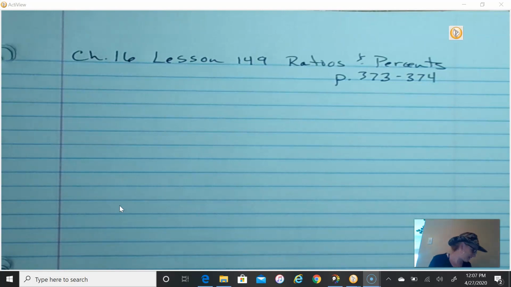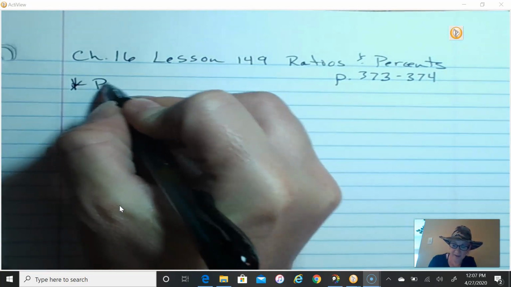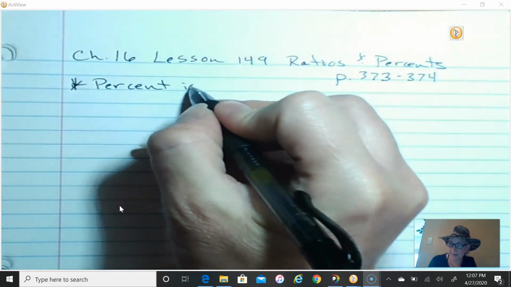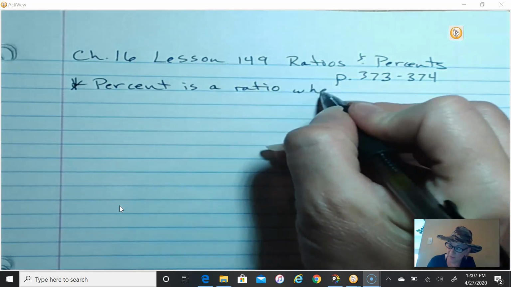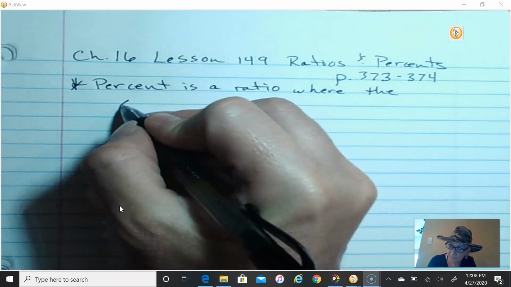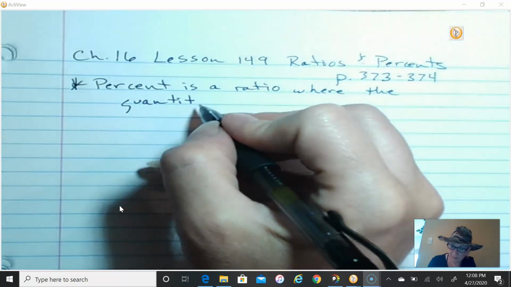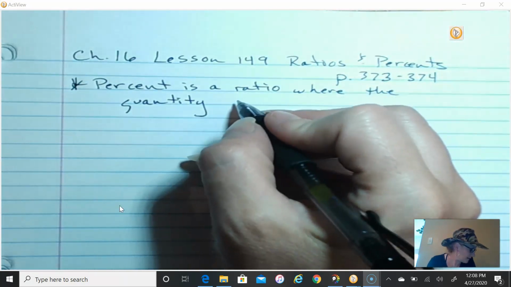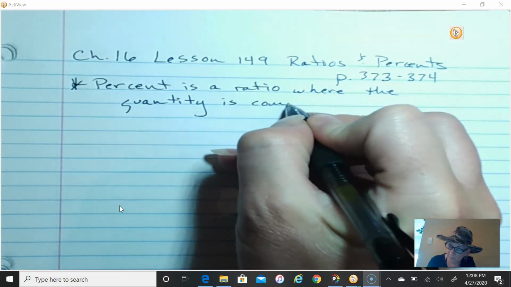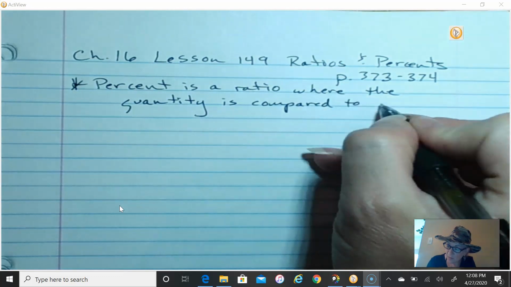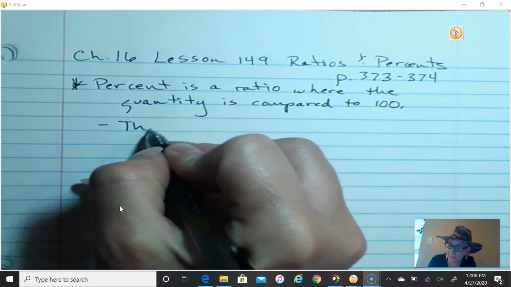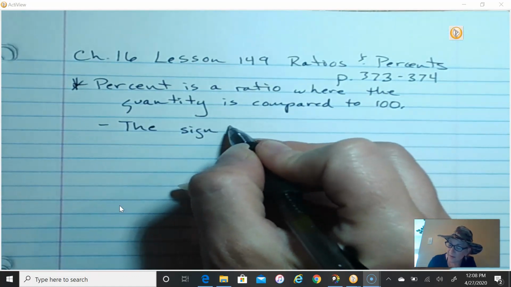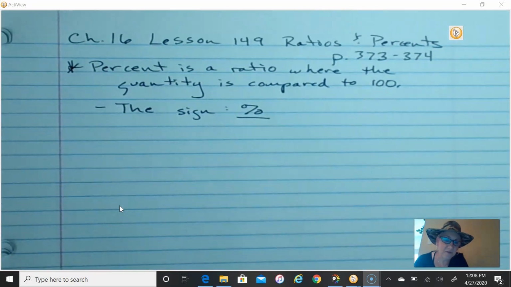Let me get my notes. Okay. Percent is a ratio where the quantity, whoops, I should have skipped down a line, is compared to 100, and the sign is this, a percent sign.